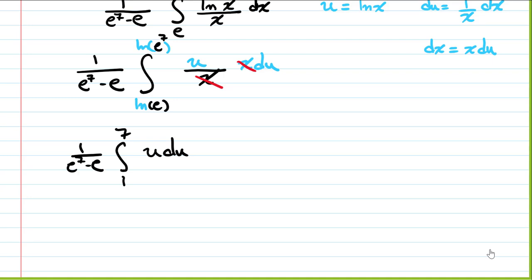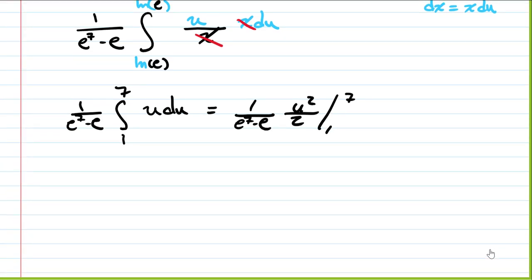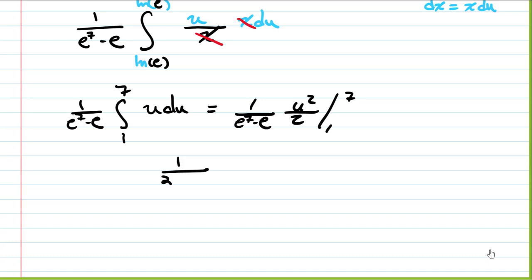So then our antiderivative of u is going to be u squared over 2. When we evaluate that from 1 to 7, putting all of our constants together, we get 2 times e to the 7th minus e times 7 squared minus 1 squared.